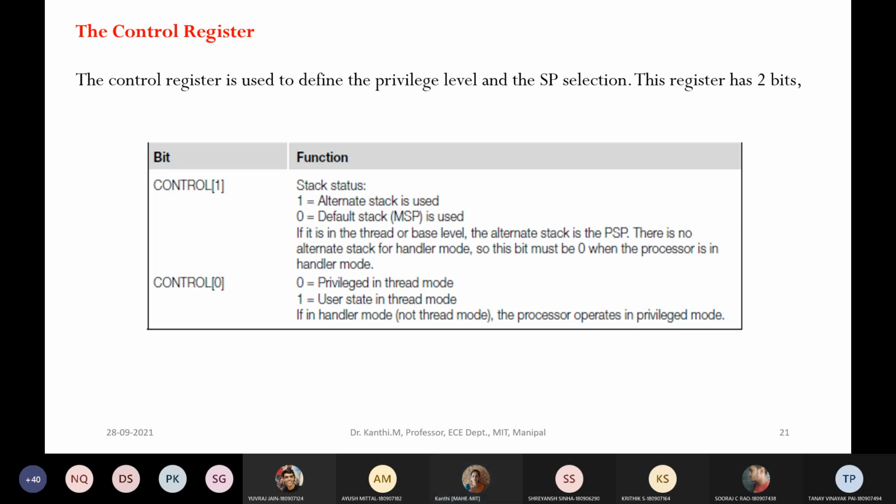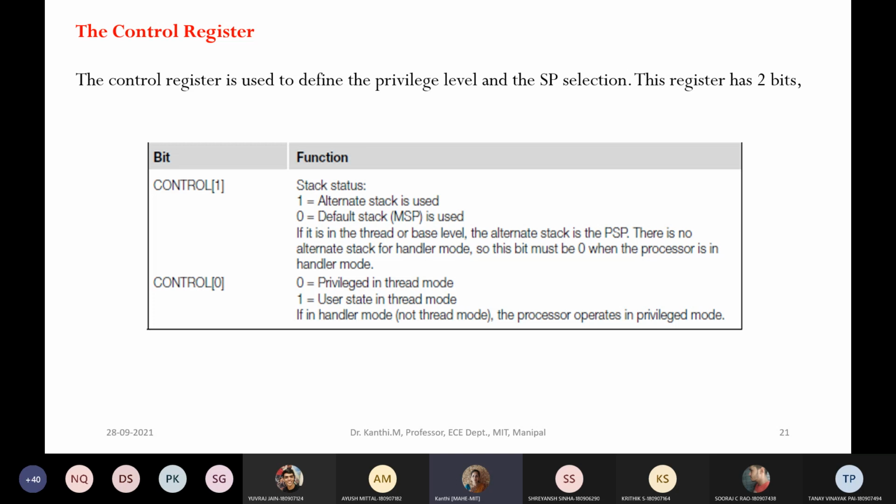All registers are 32-bit, but the remaining bits are tied off. You will be using only the 2 bits. That's what is meant here.